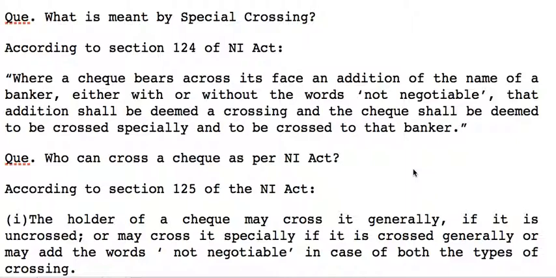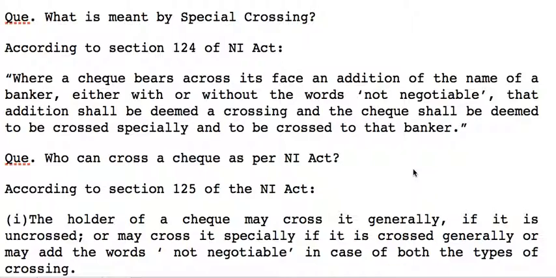Very simple. It bears the name of a bank, and the check is not payable to anybody else other than the banker whose name appears on the check. There may or may not be an addition of the words "not negotiable," but the name of the bank is a must, and the check is collectible or payable to that banker only.